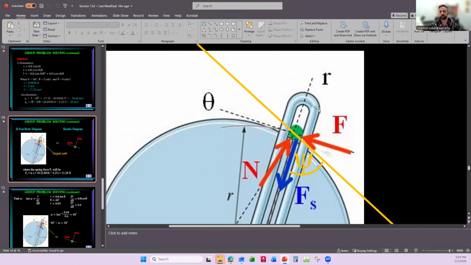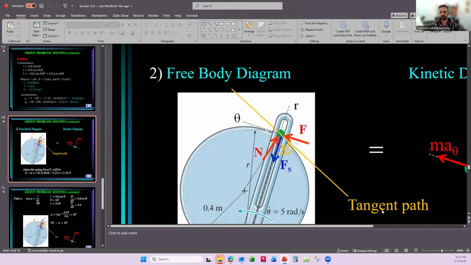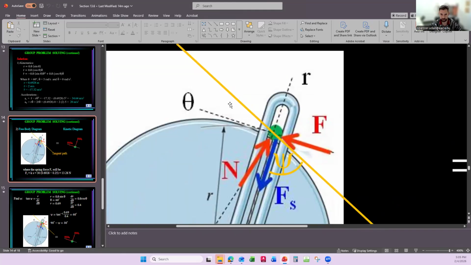Okay. So now it's important that we put in this tangent path, right? This is a critical part of these types of problems. So the tangent path, if we were to zoom in, is tangent to the surface of the circle, right? It would be the pathway that our little particle is going on. So at this instant where theta equals 60 degrees, there's our tangent path.